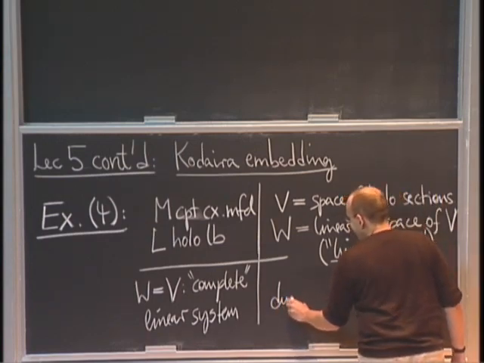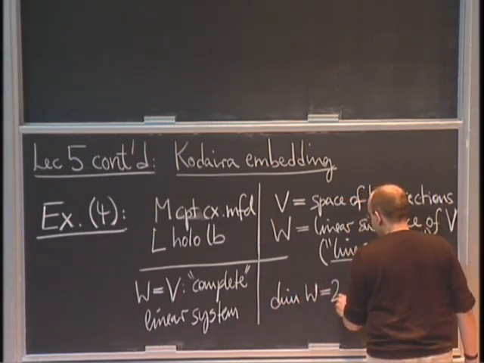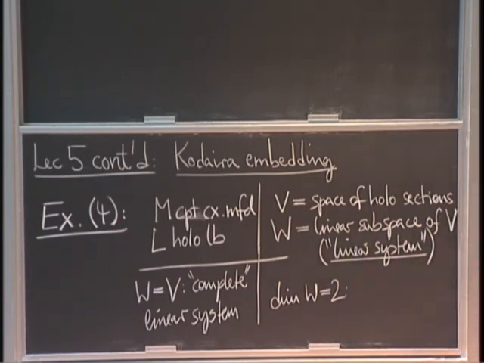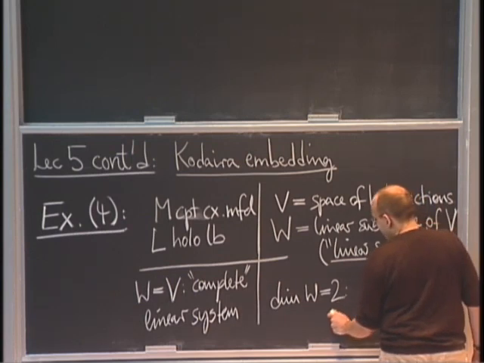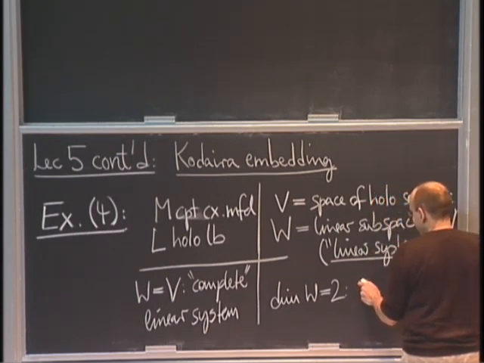And when the dimension of W happens to be 2, the smallest possible non-trivial linear system you could imagine, then the linear system is called a pencil.